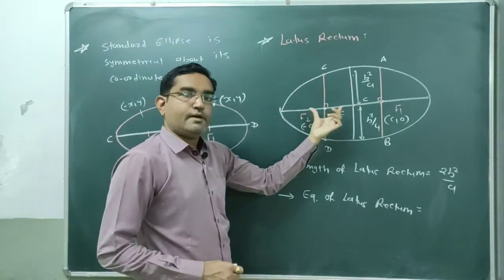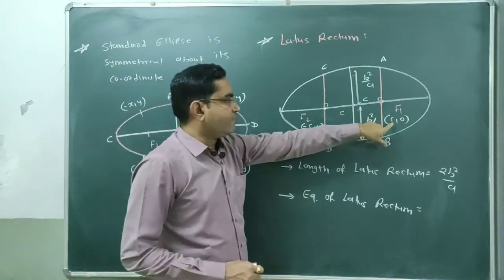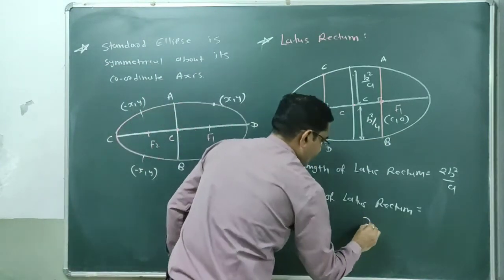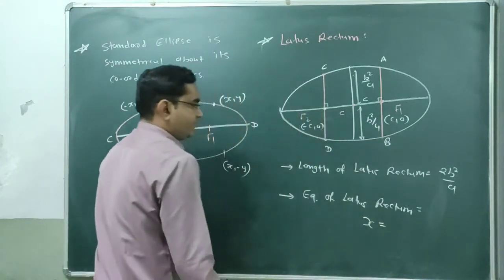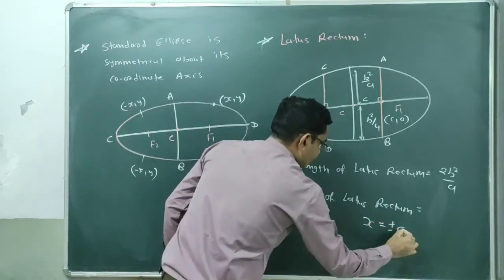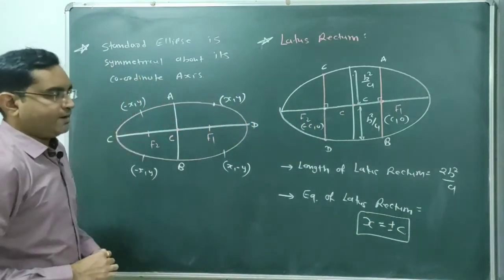Which axis? X-axis. Passing from which point? Minus C. Here it is passing from this point C. So any line which is perpendicular to x-axis can be written as x equal to, from which point? Plus C and minus C. So x equal to plus or minus C is the equation of latus rectum.